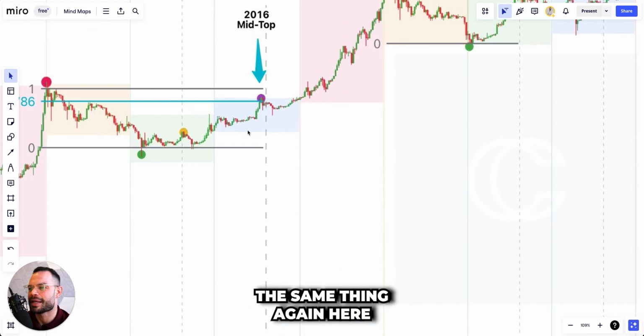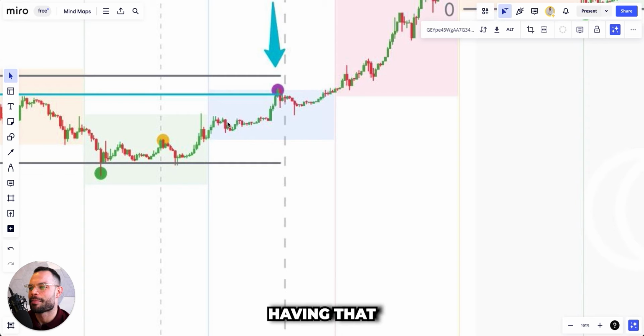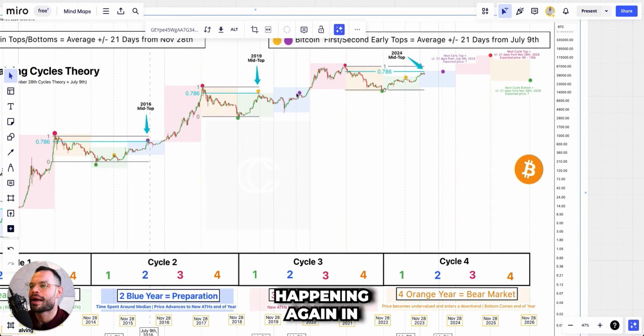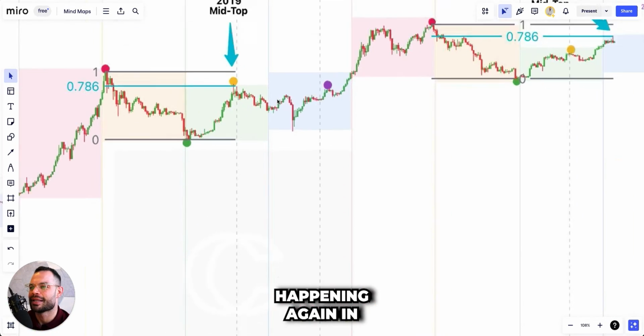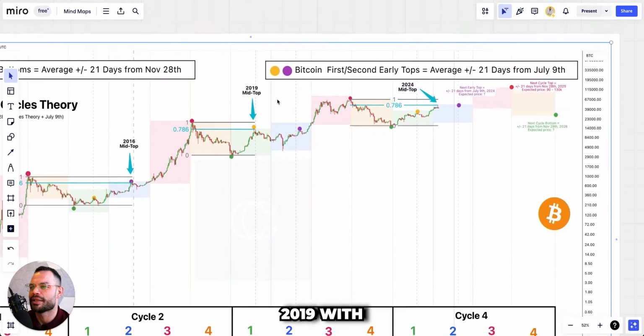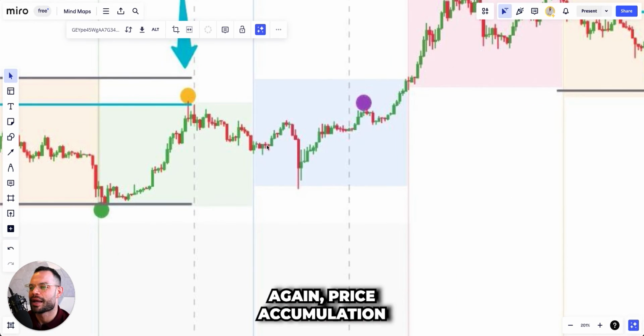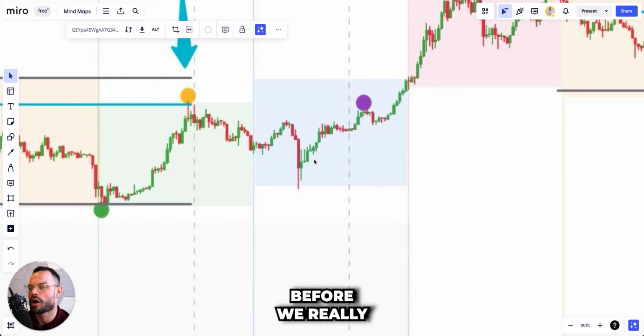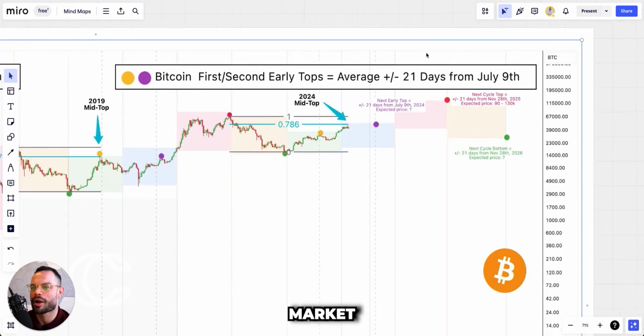The same thing again here happening in 2016, having that preparation year and then having a little bit of a cool off before engaging into the fully accelerated bull market, happening again in 2019 with, again, price accumulation happening in the entire year before, still accumulating here, a bit of a cool off before we really take off into the bull market.